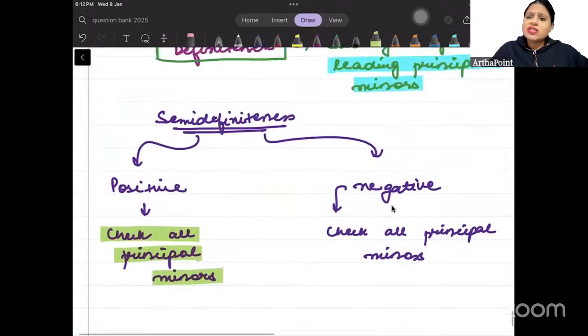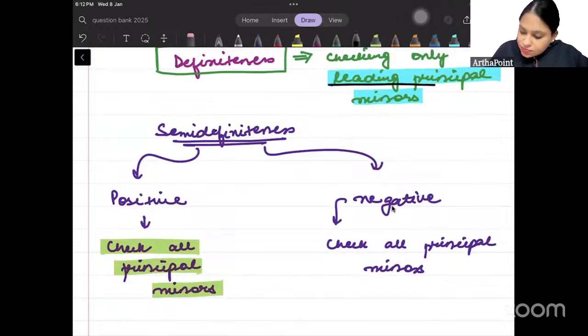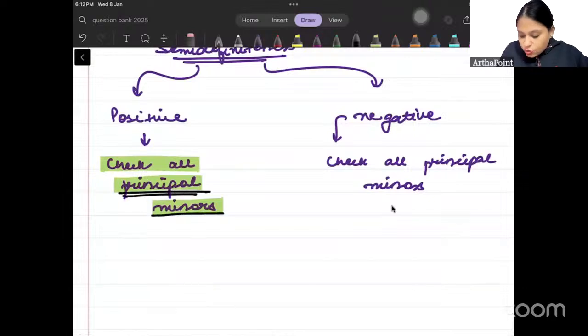Now what is the difference? How is a leading principal minor different from any usual principal minor?